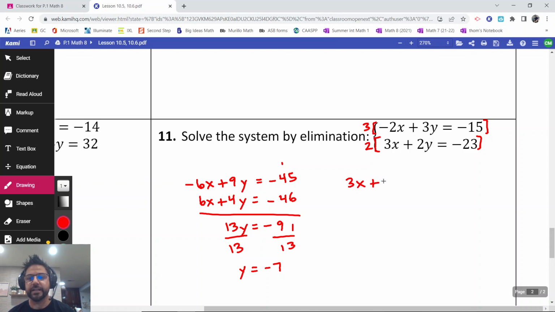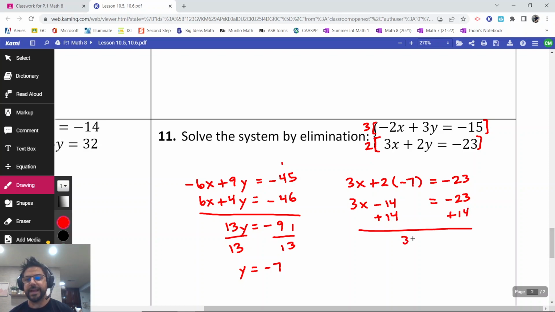So I'm going to say 3x plus 2 multiplied by y, which I think is negative 7, equals negative 23. 3x stays the same. 2 times negative 7 is negative 14. If I add 14 to both sides, 3x is equal to, what's that going to be?